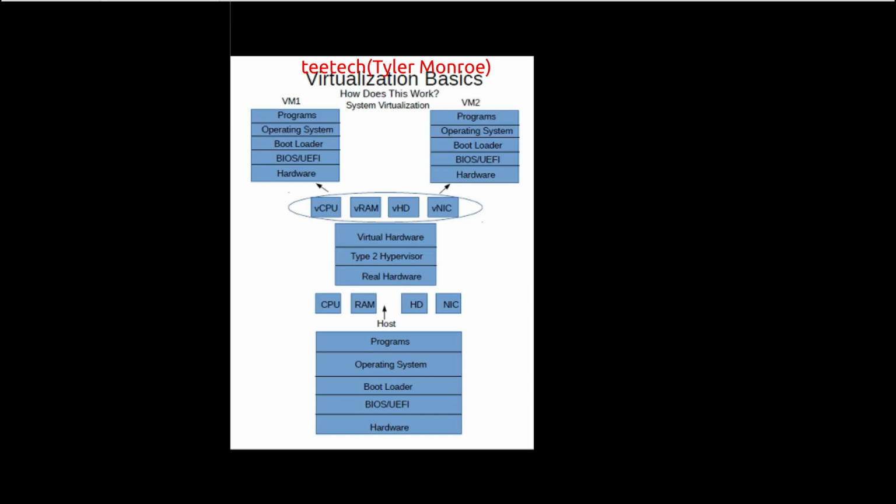But what we have is system virtualization. Now, we still have one computer, okay? And that one computer has all the things we talked about earlier. And it has hardware, and this is known as resources. And the job of how we do virtualization is actually with something called a hypervisor.